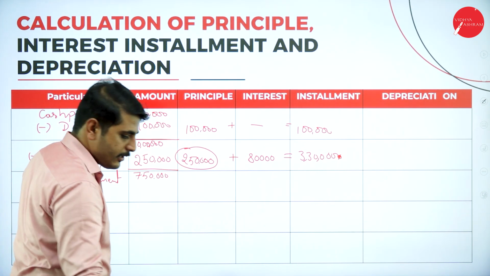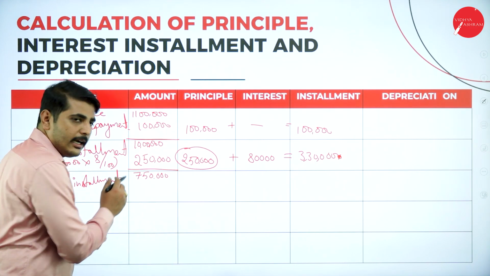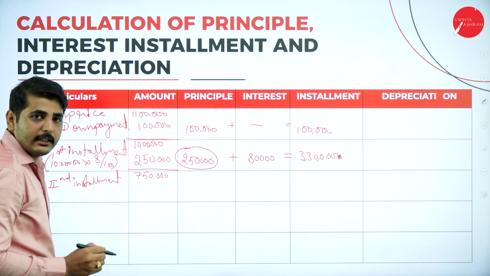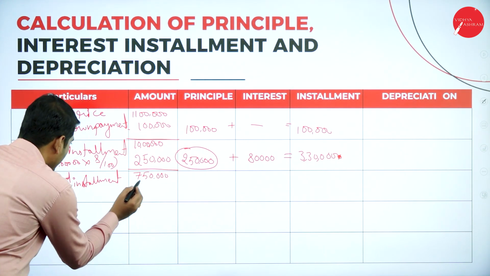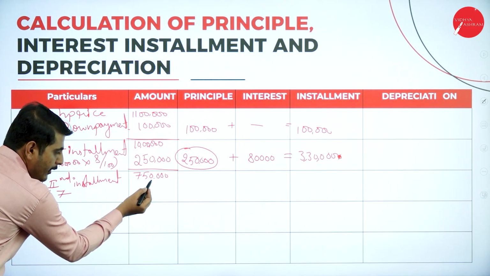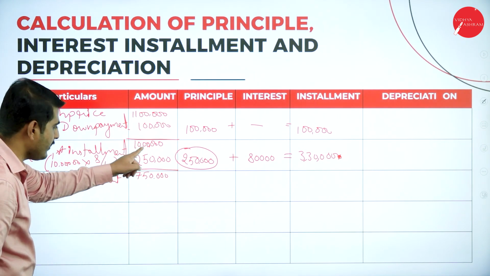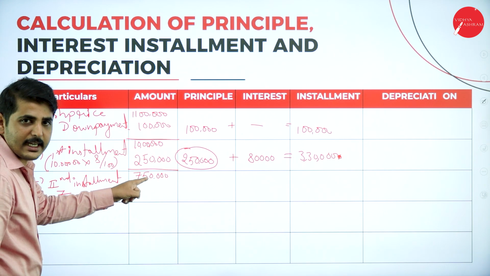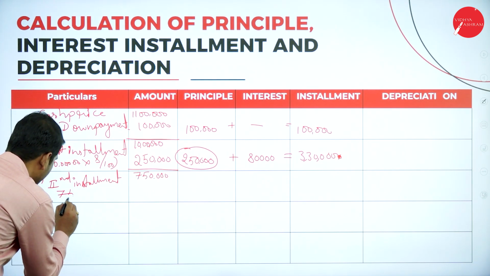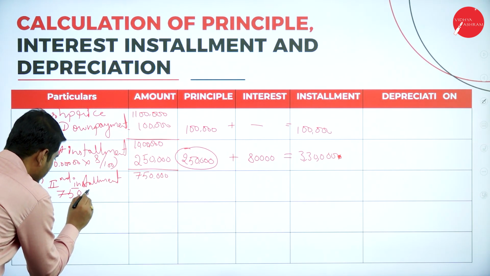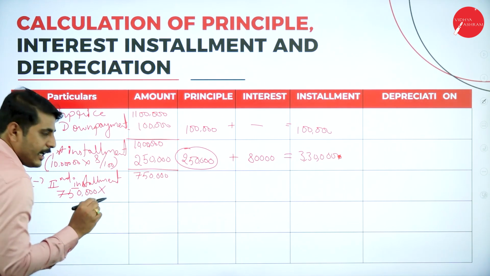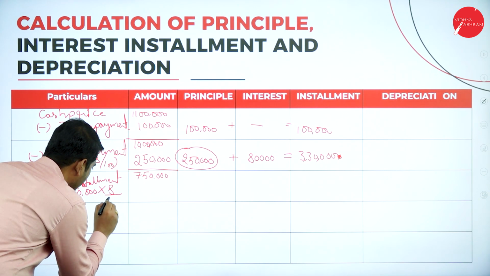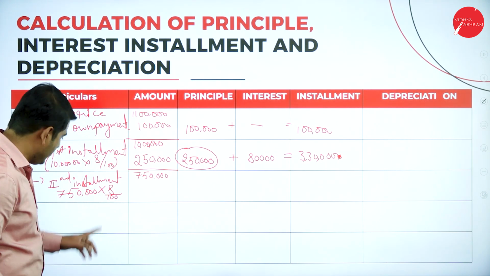Now minus second installment. Now we have to calculate the interest for the second installment. How to calculate it? See, on this amount we have to calculate the interest. Here we calculated the interest on 10 lakh. Here we have to calculate the interest on 7,50,000. 7,50,000 into what is the rate of interest? 8%, 8 divided by 100. I hope you are clear.